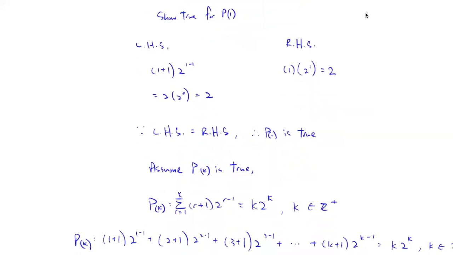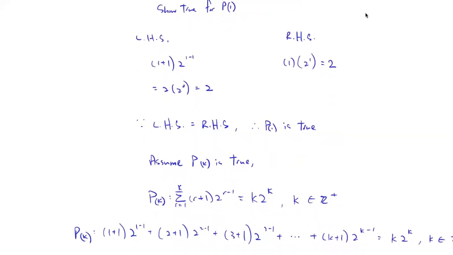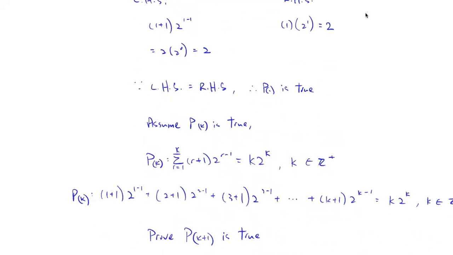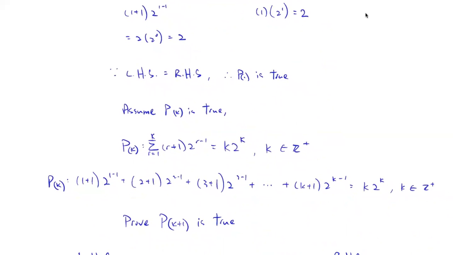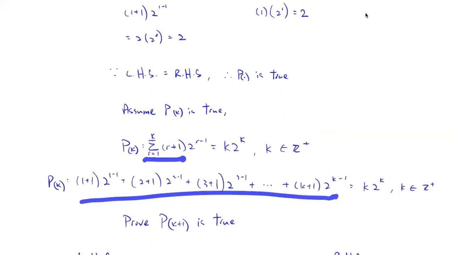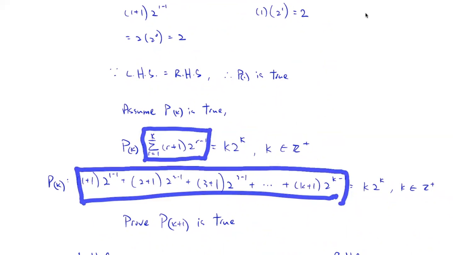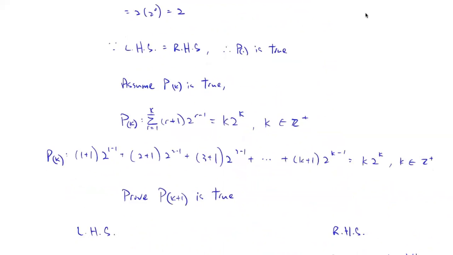And k belongs to all positive integers in this problem. And because this is a summation problem, Pk also equals to this expression. And this is equivalent with this expression. This is just an expanded version of the above.